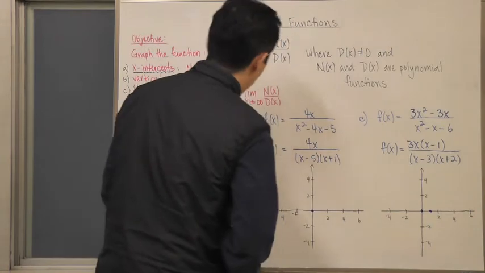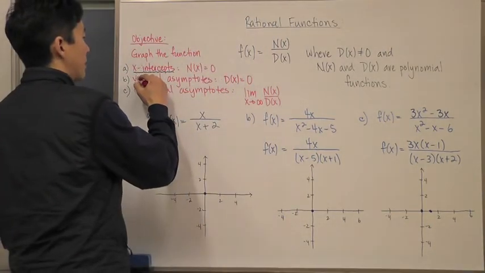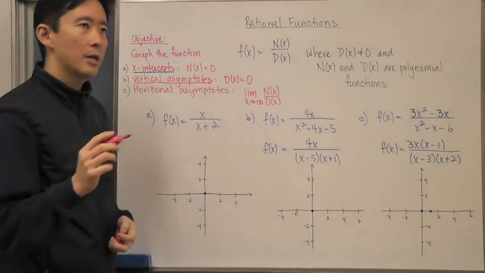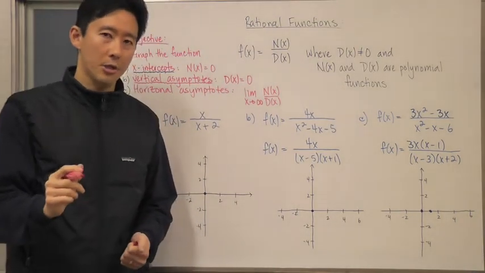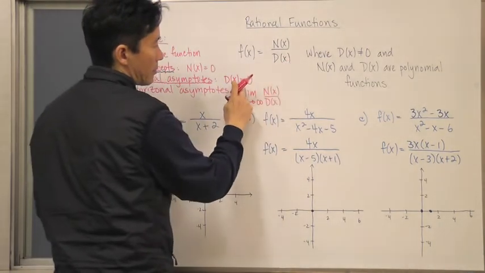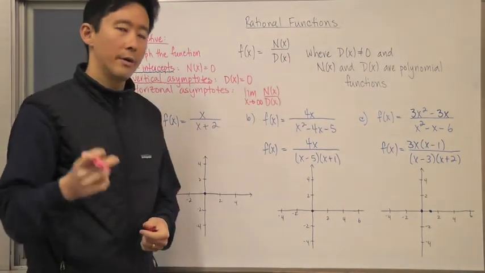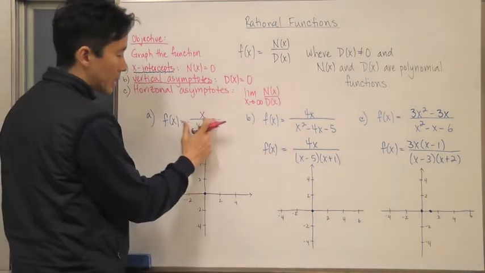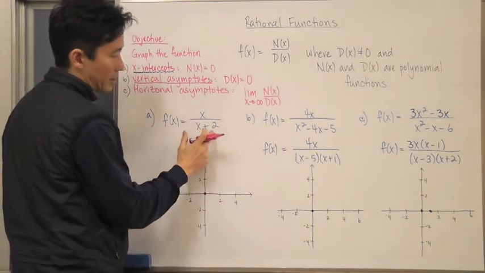Let's go ahead and also take a look at our vertical asymptotes. Now, our vertical asymptotes, of course, are vertical dotted lines that our graph cannot cross. We say that if we go ahead and let the denominator be equal to 0, that is where the asymptotes are. So, for example, if I just take a look at the denominator here, that's x plus 2.